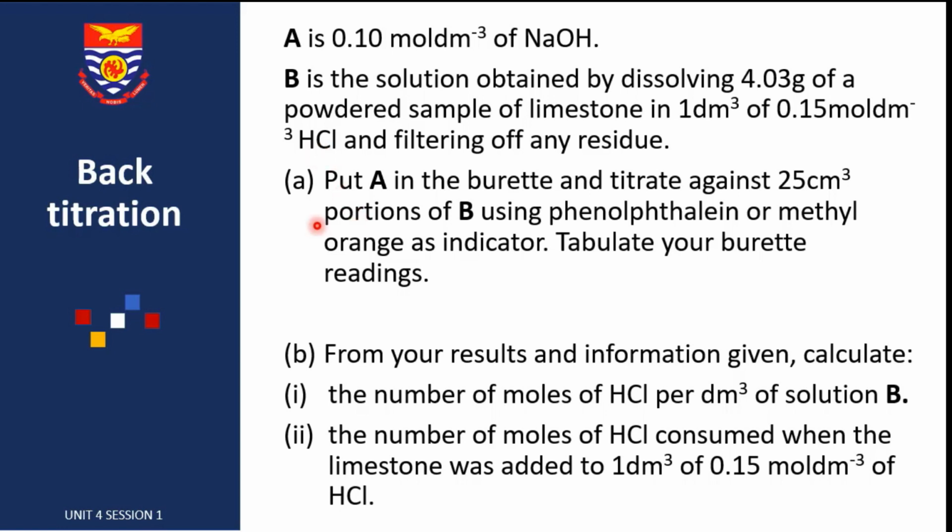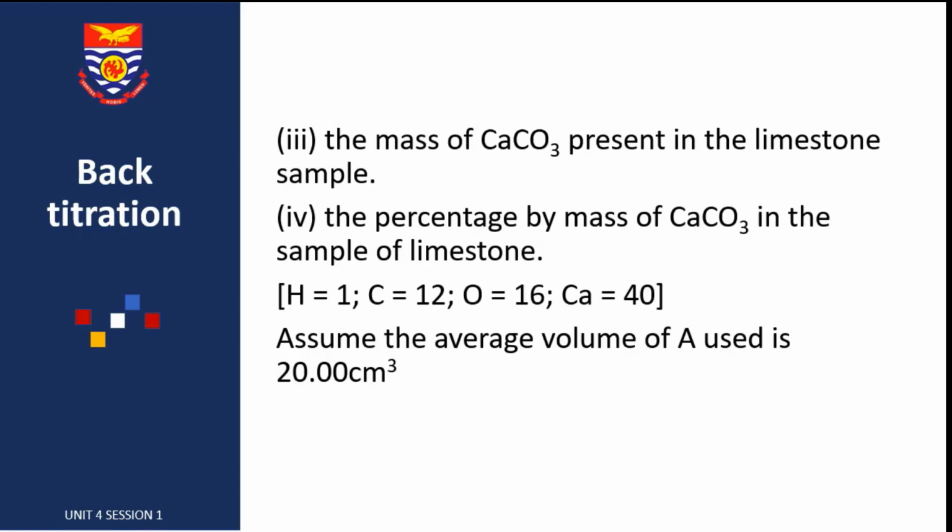So put A as an instruction. The questions that follow are: from the results and information given, calculate the number of moles of HCl per dm cube, that is the amount concentration, and then the number of moles consumed when the limestone was added, the mass of calcium carbonate present, and the percentage by mass in the sample of the limestone.